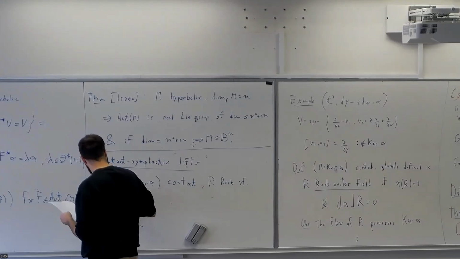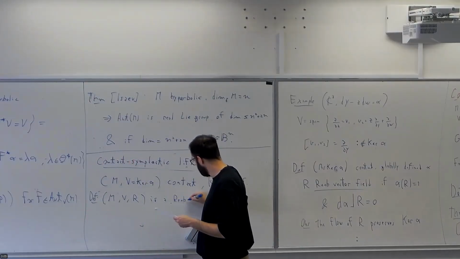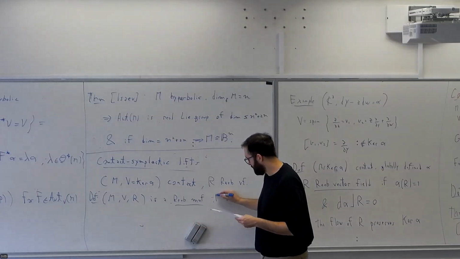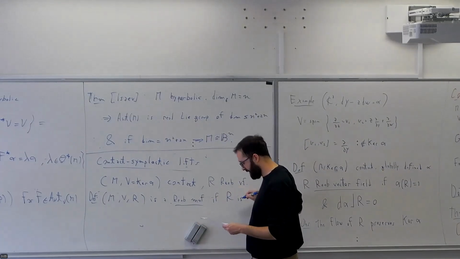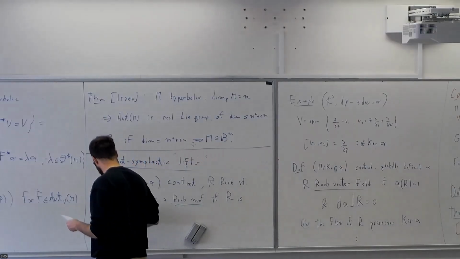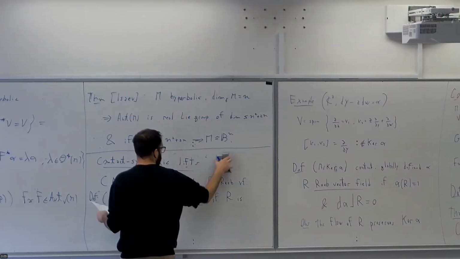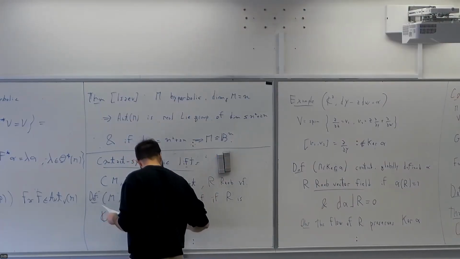We say that the triple (M, alpha, R) is a Reeb manifold, which is the name we came up with, if R is C-complete.